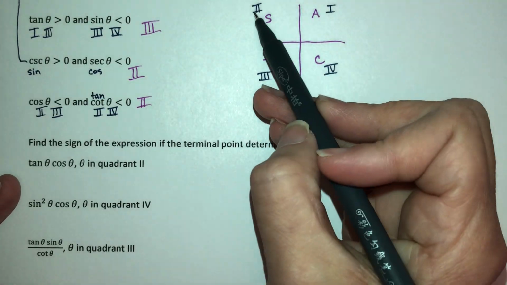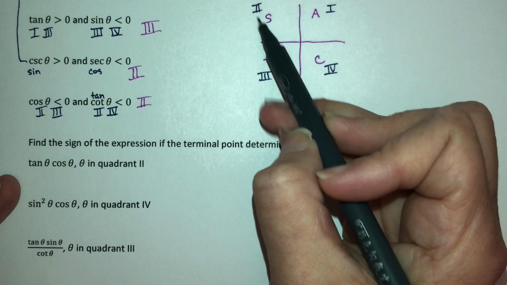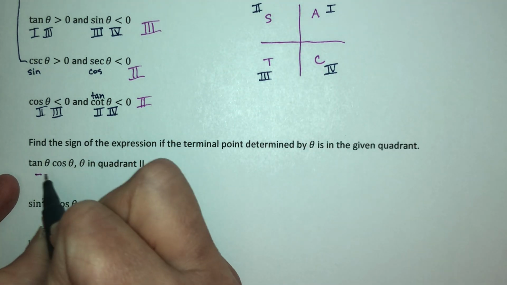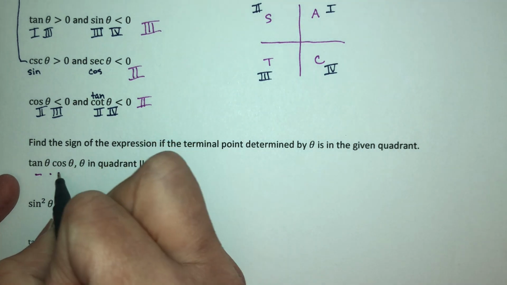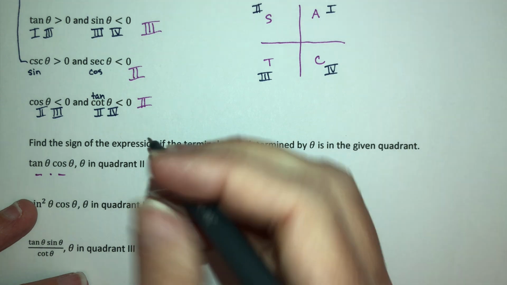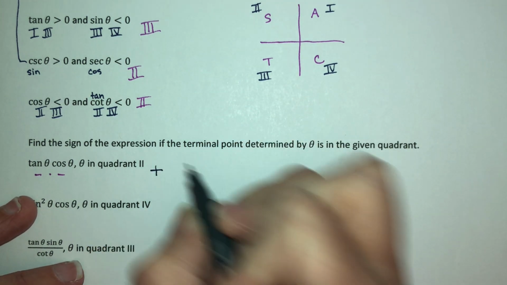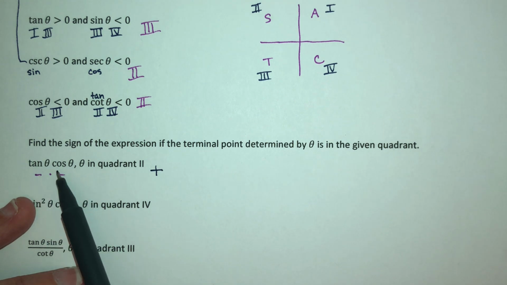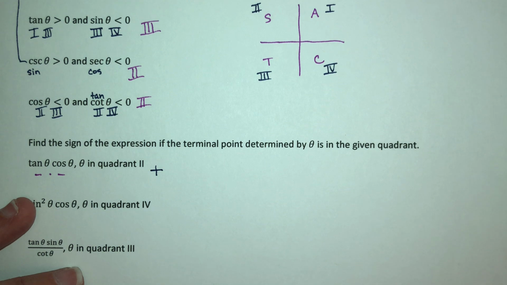Well, in quadrant 2, only sine is positive. So tangent is a negative number, cosine is a negative number, and so if we multiply two negatives, our answer is positive. So if we're multiplying these two values of our theta, then we get a positive answer.